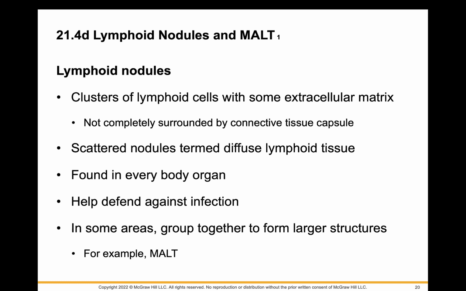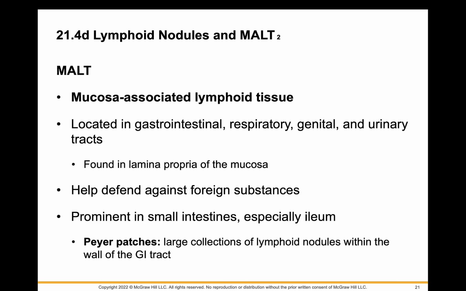Now, in some areas you're actually going to see them referred to as MALT. And remember, that is mucosa-associated lymphatic tissue. Now, where we're going to find those, once again, is in the GI tract, the respiratory tract, genital tract, and the urinary tract. And they're found in the lamina propria of the mucosa.